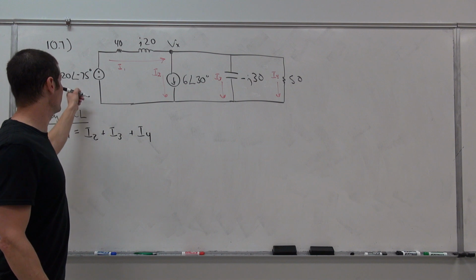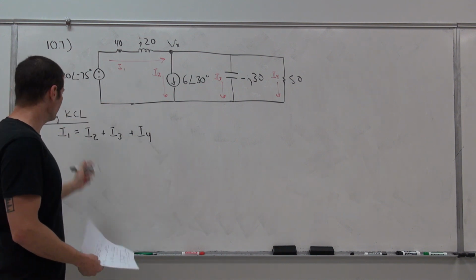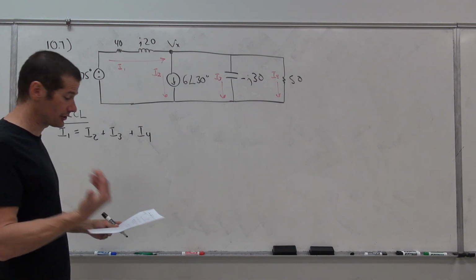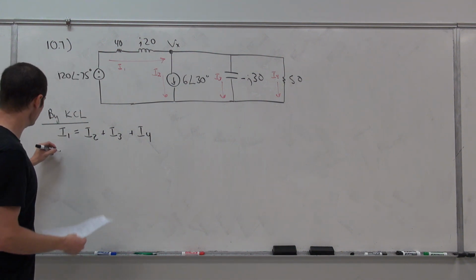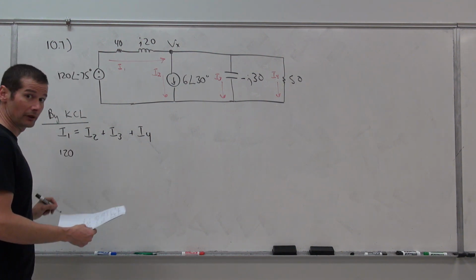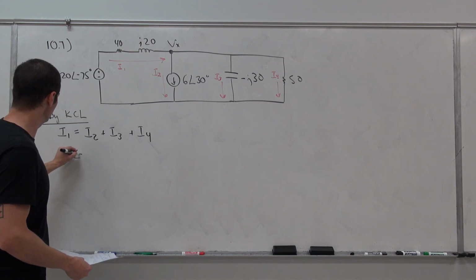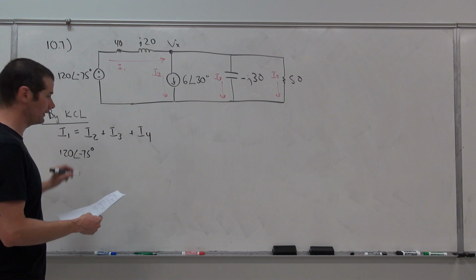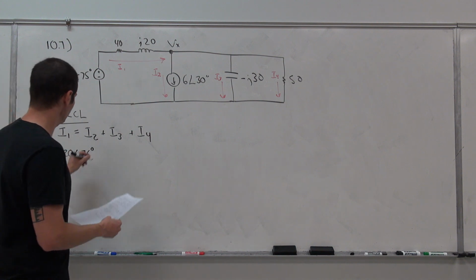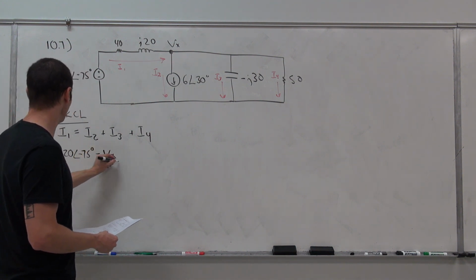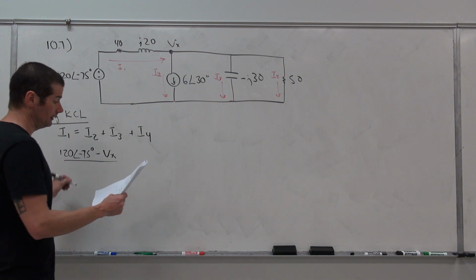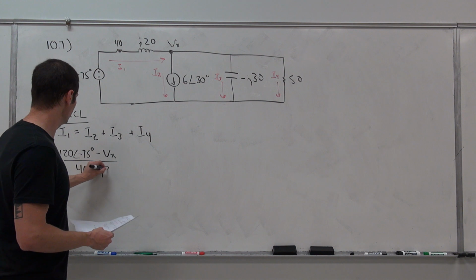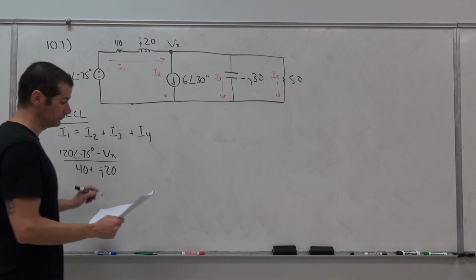Now, current's flowing from the source to Vx, so when we expand this out by KVL as well as those current-voltage characteristics, then we get 120 at an angle of negative 75 degrees, minus Vx, divided by that impedance of 40 plus j20.